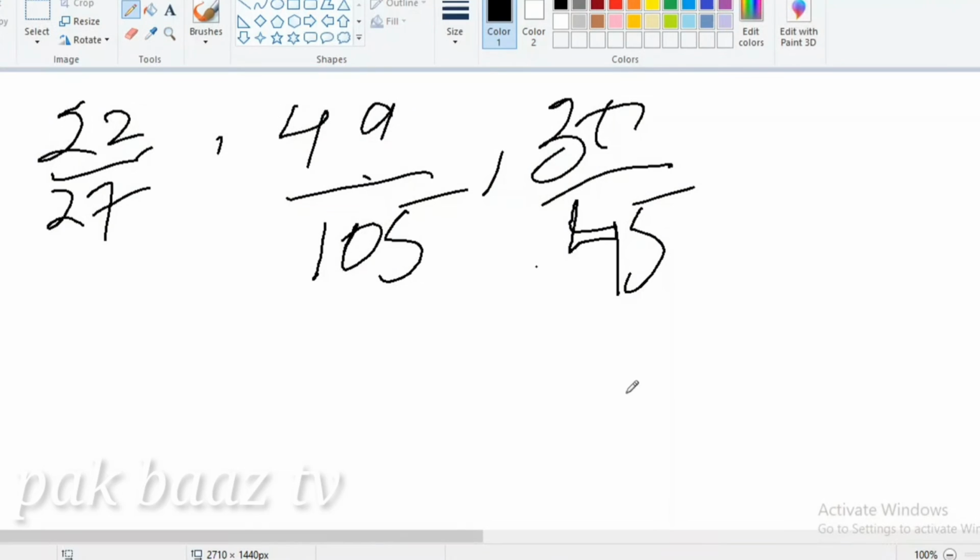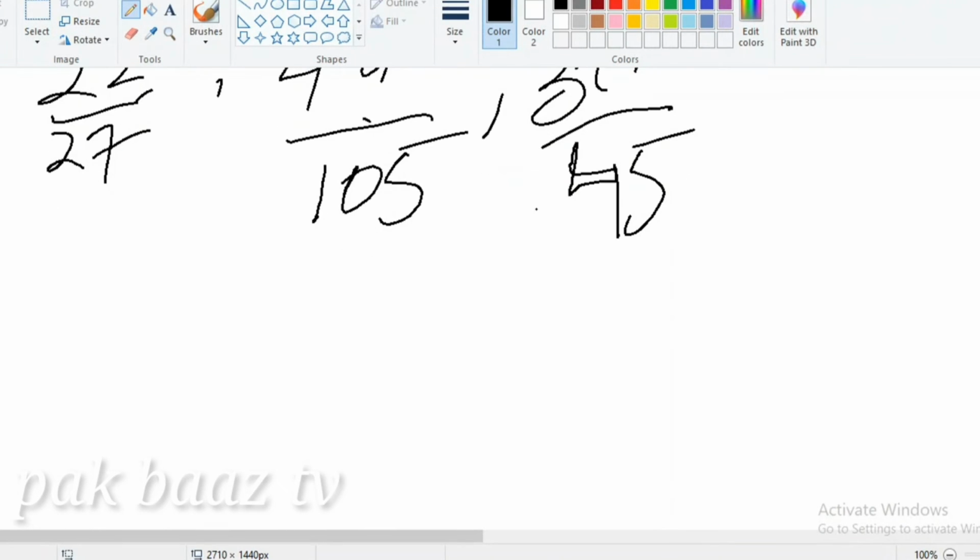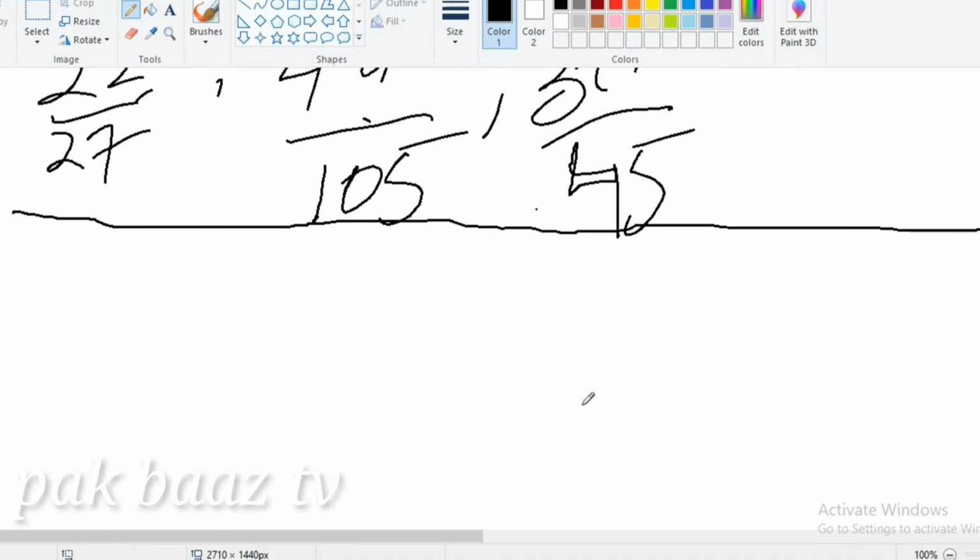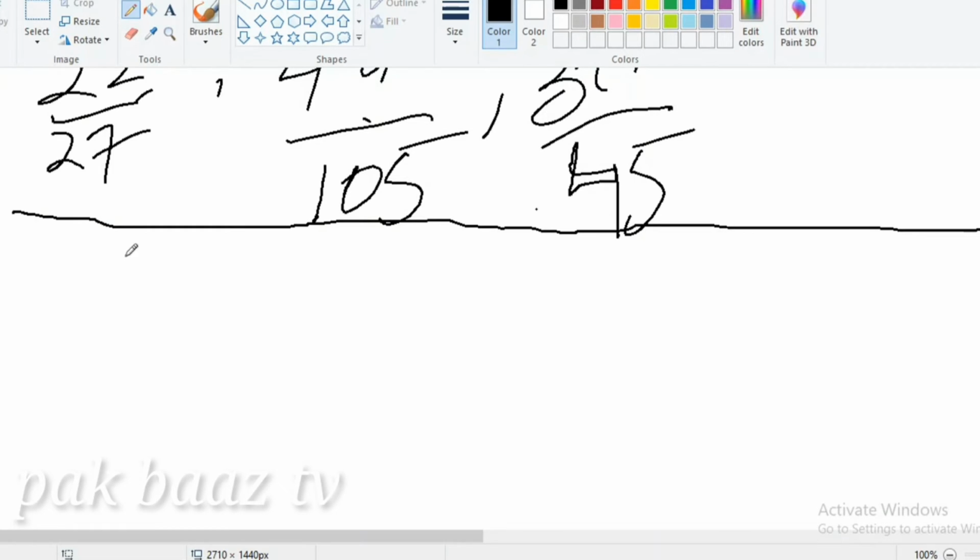Also tell me how you're going to judge whether the fractions are equivalent or not. 2 by 9 equals n by 45.